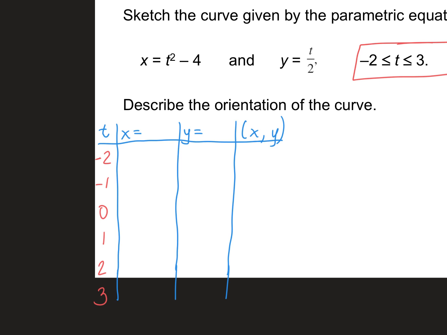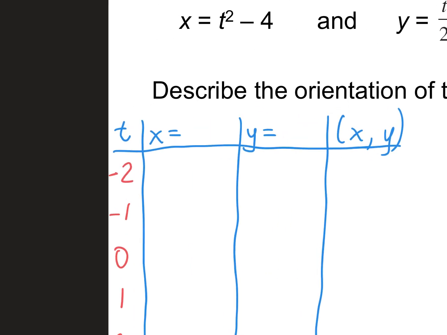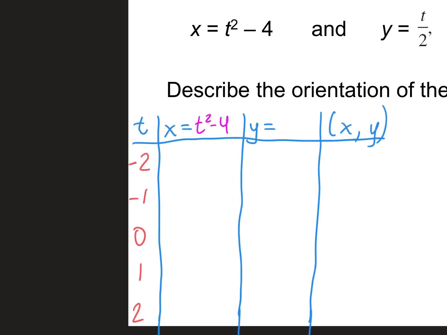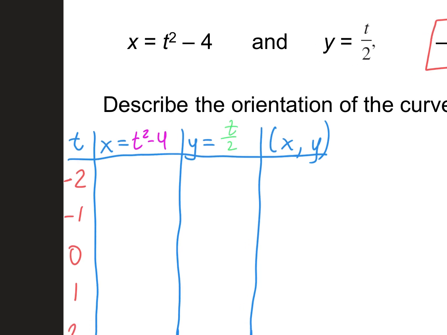I'm going to evaluate my x equals equation with -2. I'm going to find the x part of the point. Then I'm going to evaluate the y equation with -2. I'm going to find the y value of my ordered pair. So we're just going to be doing a lot of plugging in here. That's it. I'm going to take all of my values for t and plug it into t squared minus 4. I'm going to take all of my values for t and plug it into t over 2. Anybody have any questions so far?